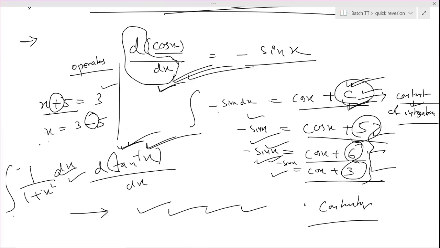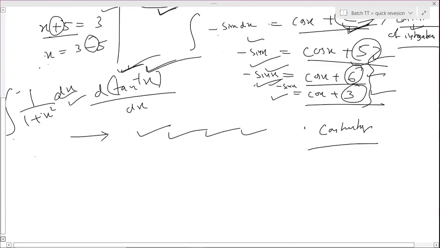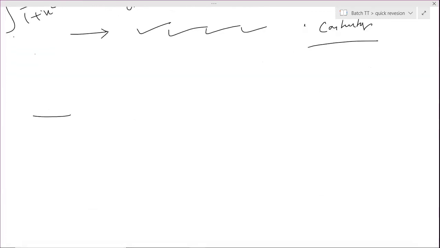Both of you guys, this is clear? Clear, sir. So what is another thing you need to understand in integration? In integration, if I add two functions or subtract two functions, then you can simply separate them.